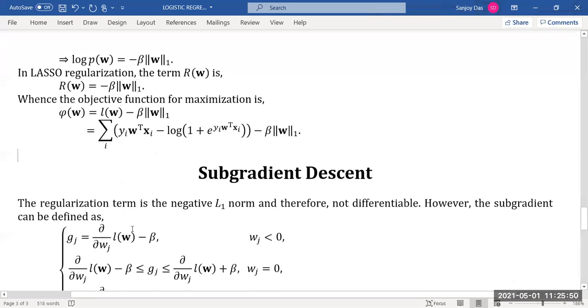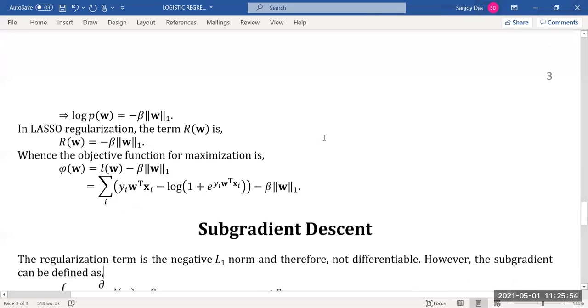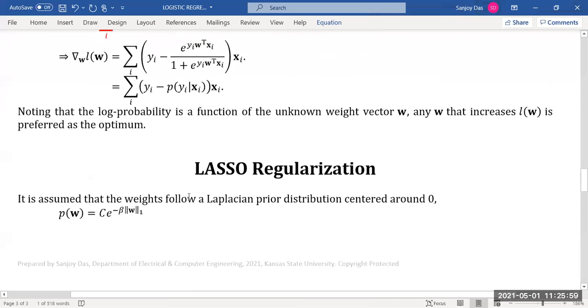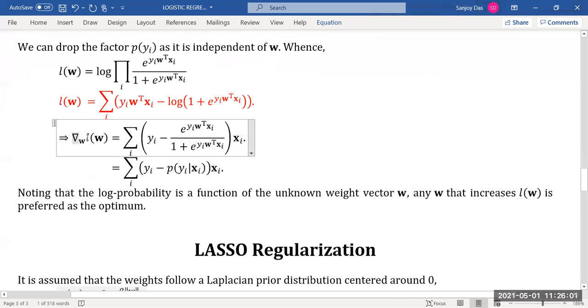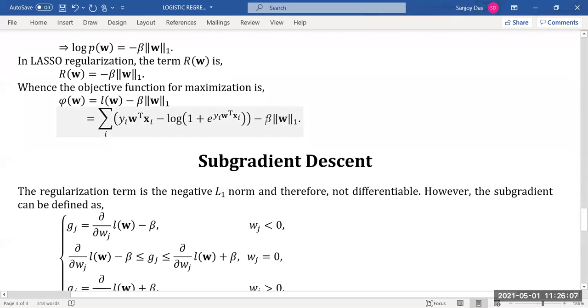Now this L of W, we already have an expression for its derivative. But this one norm is not differentiable.